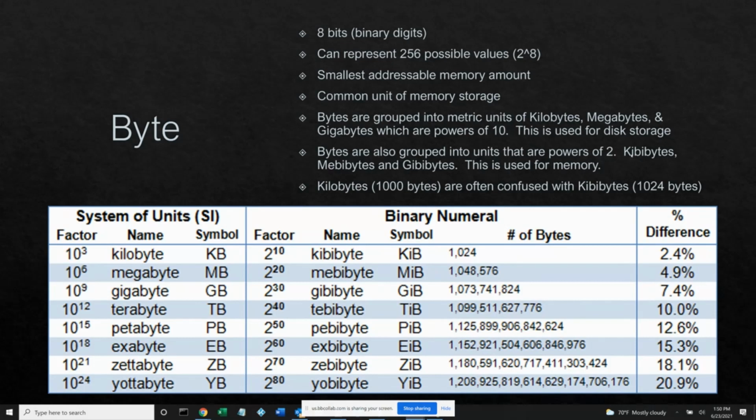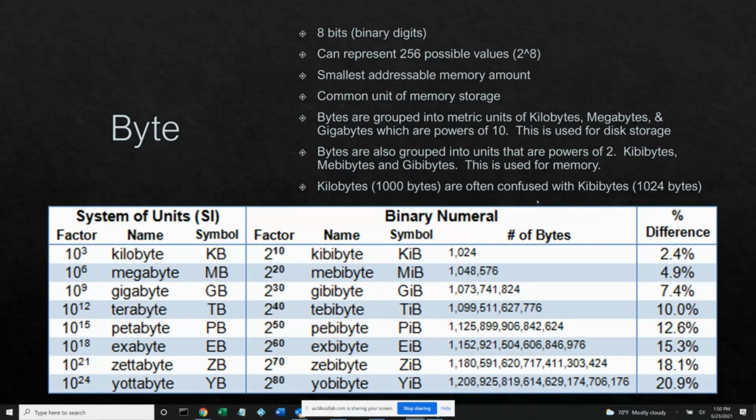Now that's represented using what are called kibibytes, and you can see the different units down here. Kibibytes are in powers of 2, and that's usually used for memory or anything internal. So disk storage basically uses different units than memory does.